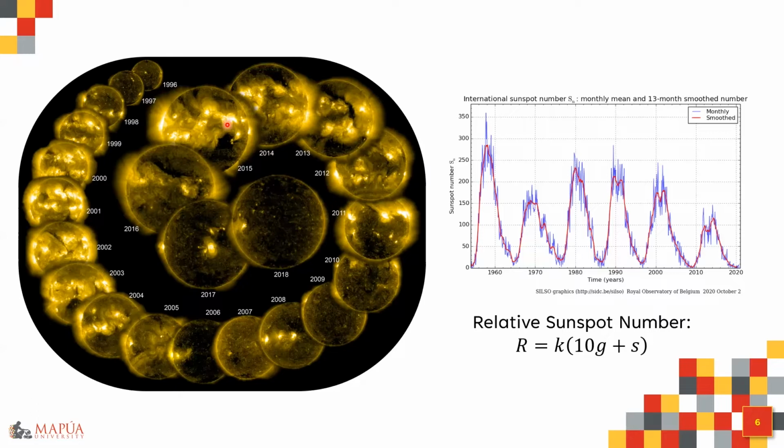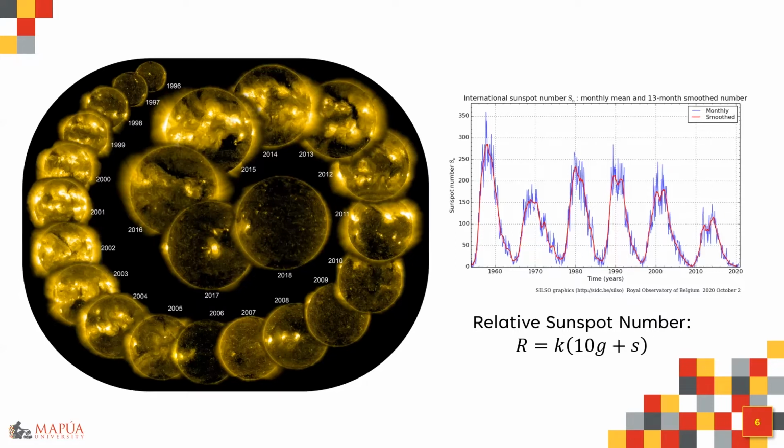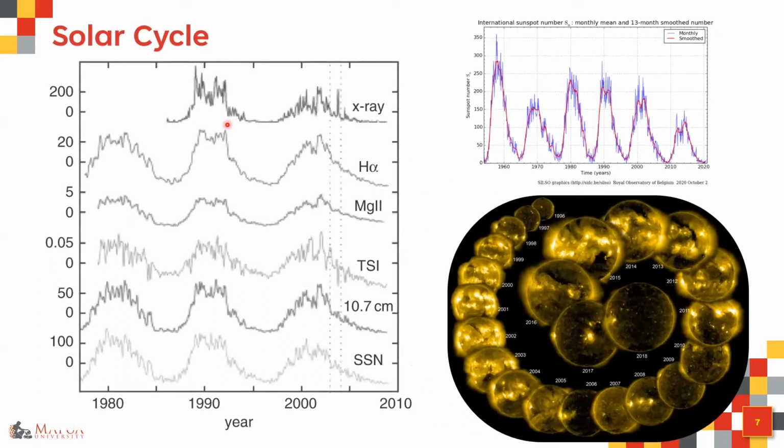Relative sunspot number is one of the proxy parameters we use to describe the activity of the sun. Aside from it, we can also describe the solar cycle in terms of X-ray emissions and H alpha emissions. By the way, H alpha is the red line of the atomic spectra of hydrogen, if you still remember your modern physics laboratory.